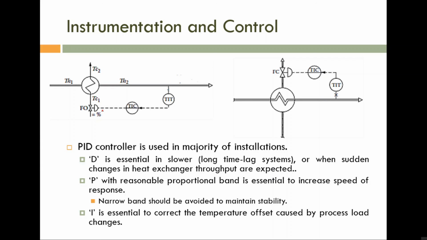T is not used for that purpose. If it is PID, I think KD is equal to 2 into L, I am not remembering that. So anyway, it is directly proportional to L. KD is equal to TD, that is equal to something into L. So if lag is more, TD or KD will be more, because it is directly proportional to that.